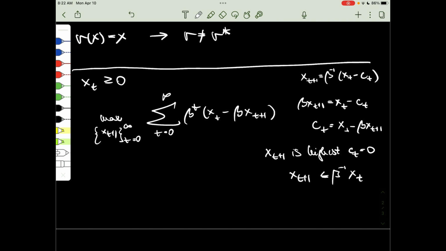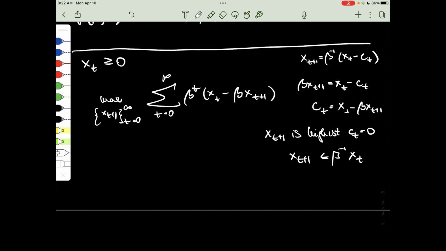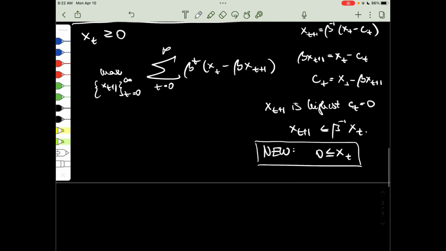But what is new, what is novel, is that debt is not allowed, so this inequality must hold. So this is the new element in the setting.